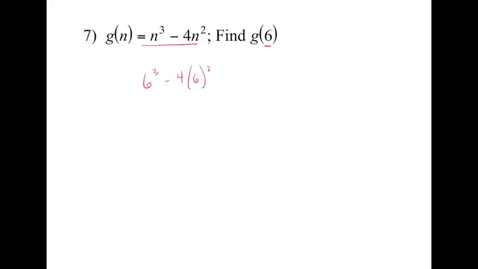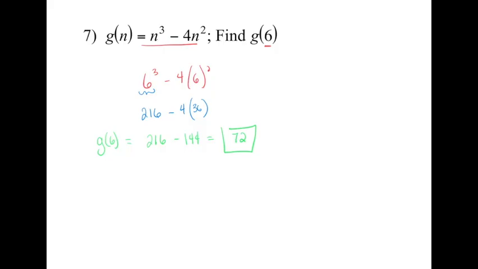You're going to do order of operations, which tells you to do your exponents first, right? And then you would do your multiplication. And once you do this, then you're just going to do addition and subtraction. That is your answer.